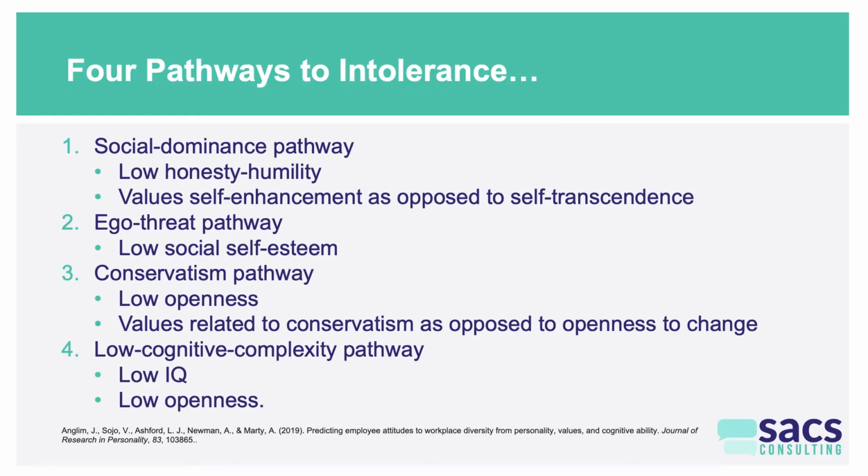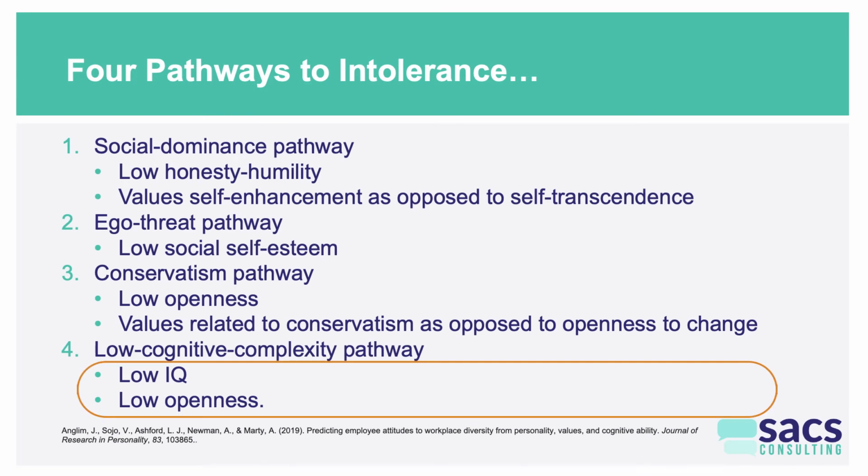And then finally, a pathway for low cognitive complexity, so low IQ and low openness. In very large studies, the personality characteristic of openness to experience, which is all about being broad-minded and about being welcoming of new things, does correlate with a person's cognitive ability. So smarter people also, at the same time, tend to be more broad-minded and tend to like new things more. Now, how about this?